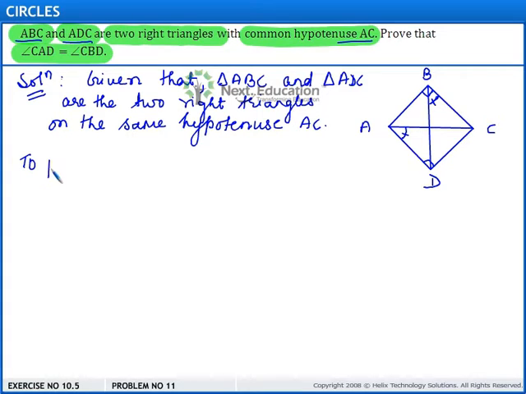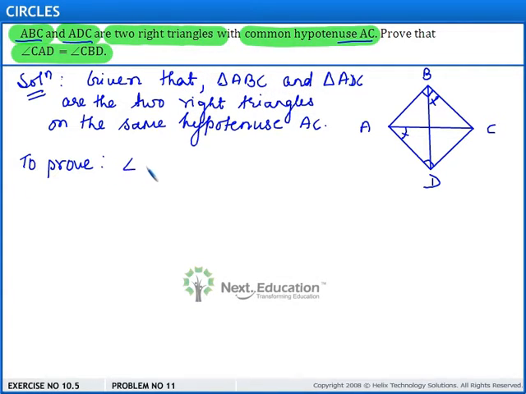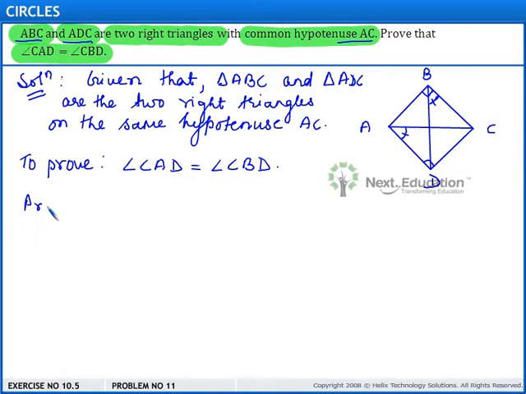We have to prove that angle CAD is equal to angle CBD. Let's begin with the proof.